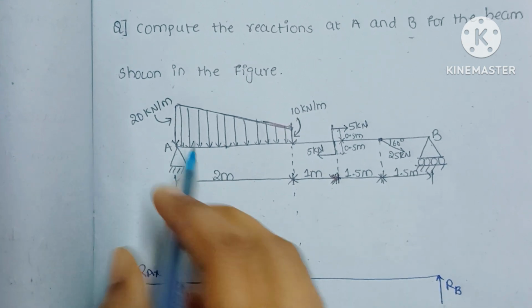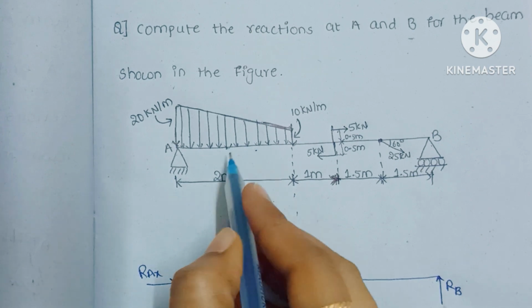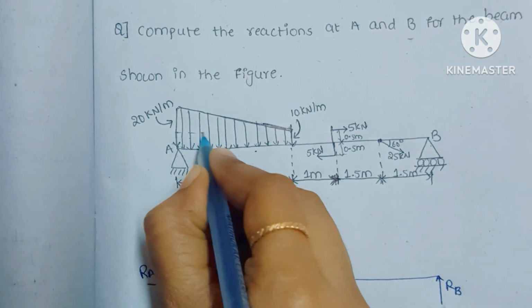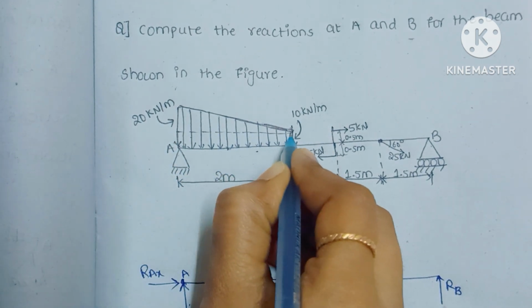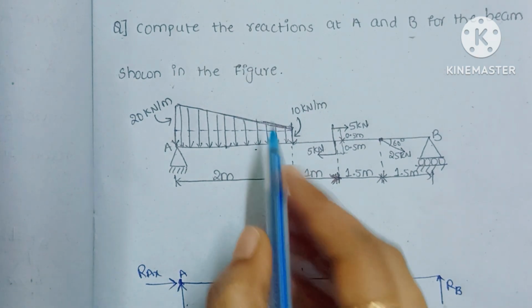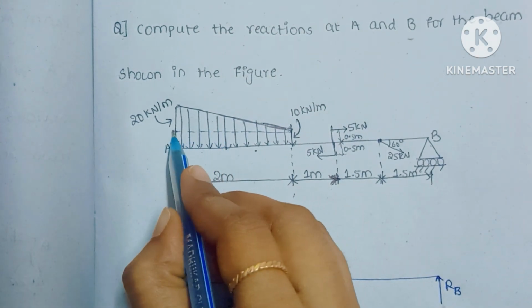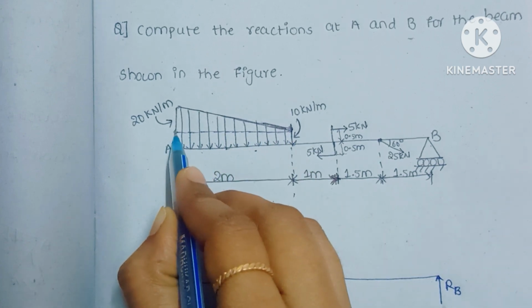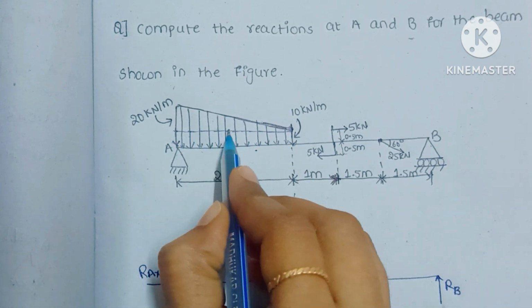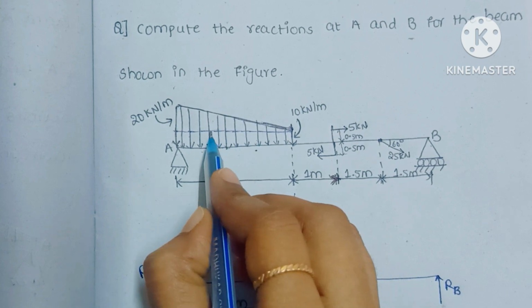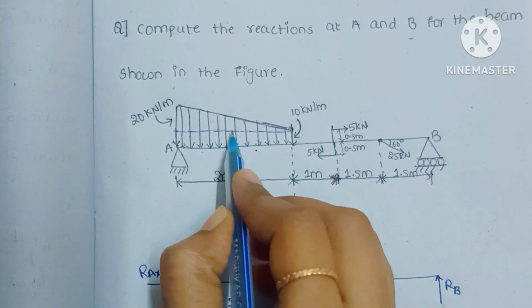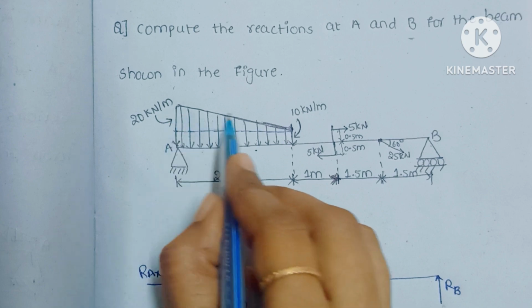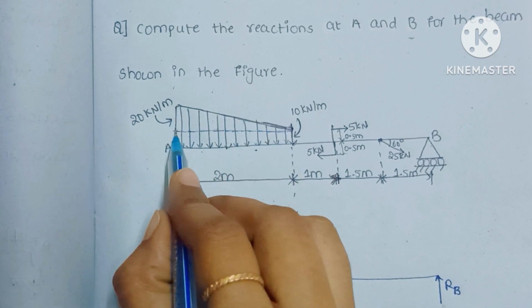So here we have a trapezoidally distributed load. To convert this into point loads, it can be classified into two types. If you draw a section from this point to here, below this line is a uniformly distributed load, and above this line is a triangularly distributed load.